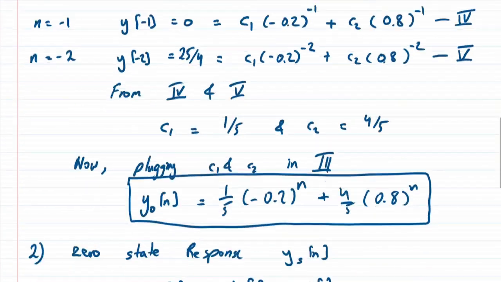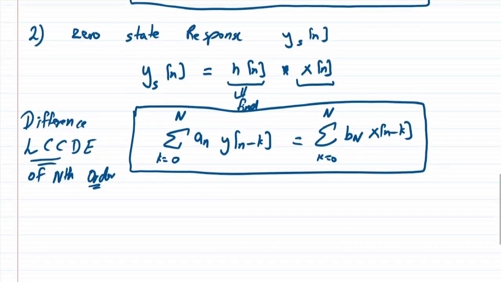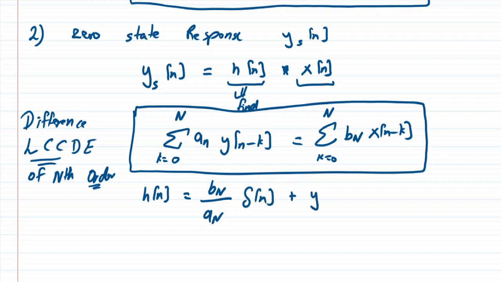So if we have a difference equation of the second order or of the nth order, we can find the impulse response h of n by this expression, that is b_n by a_n delta of n plus the characteristic response y_c of n into u of n. So this u of n defines that h of n is a causal system.